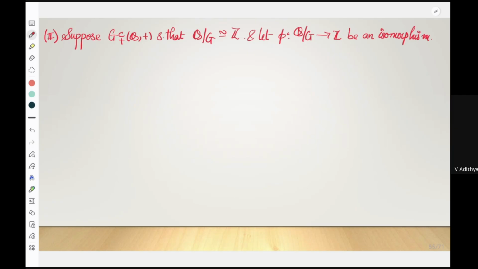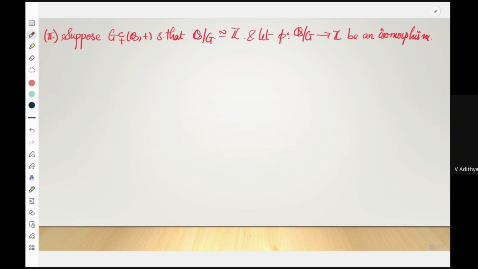The generator of Z is 1. Z is generated by 1 and minus 1, and that is of no finite order, I think. And for Q by G, I think every non-identity element has finite order? No, I'm not sure.